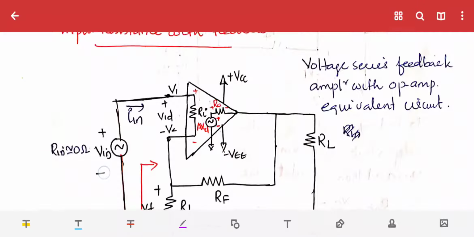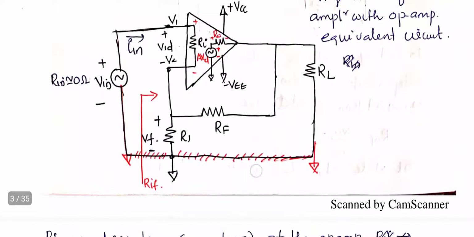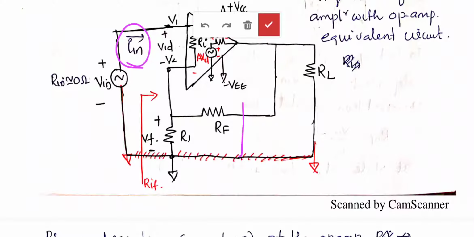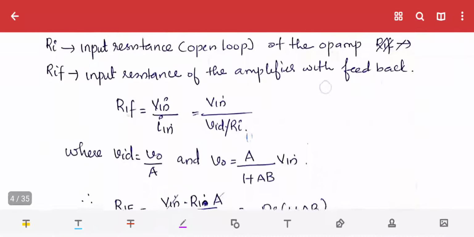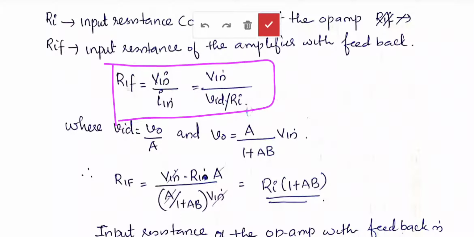RIF is equal to Vin divided by I in. What is I in? I is equal to V by R, so I in is VID divided by Ri. So RIF is equal to Vin by I in, that is Vin by VID by Ri.